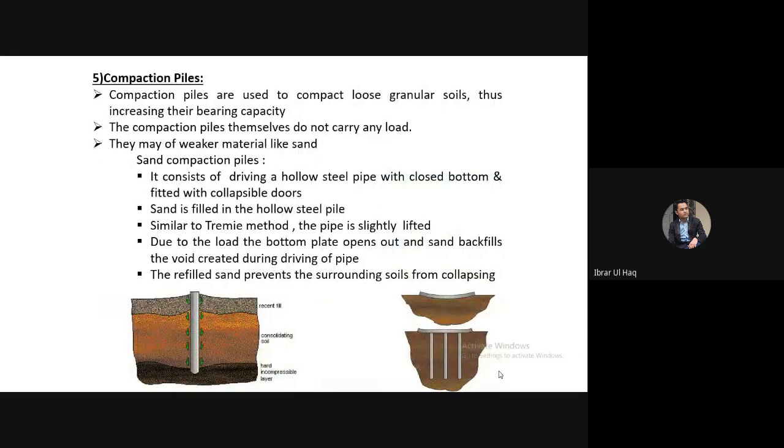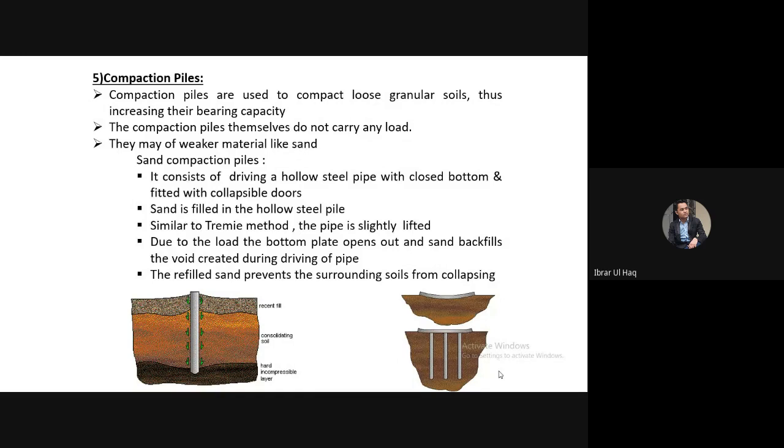The fifth one is compaction piles. It is similar to stone columns, but stone column is a particular type, and this is a common type. In this method, we have to insert columns. Columns are piles of different materials which are stronger than loose soils, maybe made of sand, etc. The procedure is the same as the previous method.